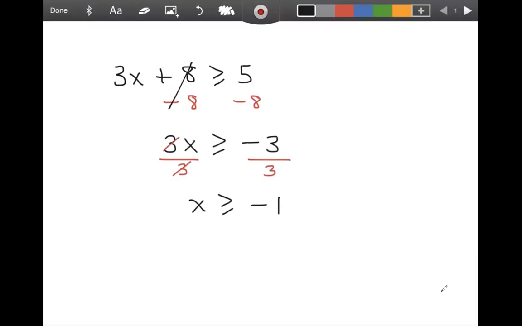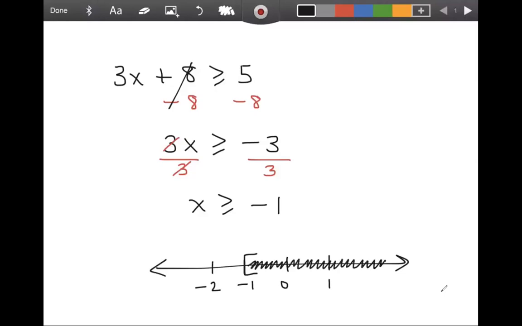In this problem, they just wanted a graph. Okay, so let's go -2, -1, 0, 1. I don't really care how many numbers you label there. And actually, I think we looked at this graph once already, this exact same graph. Greater than -1 is on this side. And because we're also including -1, we put a bracket there. Okay. So that's all they want in this problem.